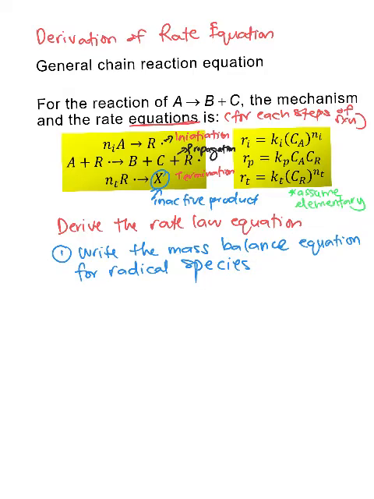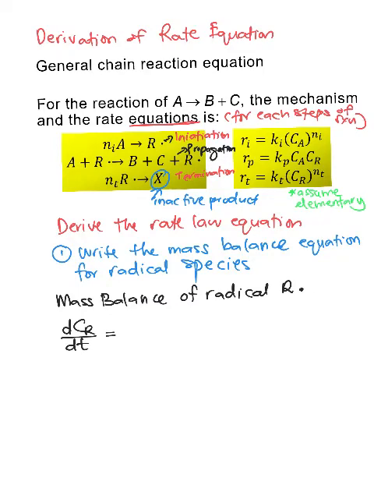So, the mass balance of radical R. Let's say the reaction occurs in a PFR. So dCr per dt, the change of the concentration of R with respect to time.